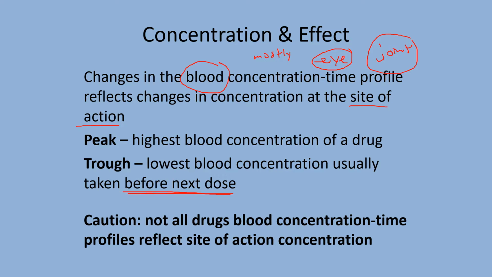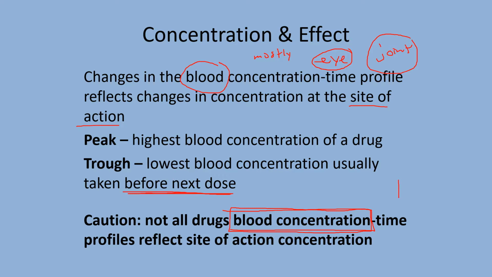Name me a drug that cannot be predicted based on the blood concentration. Name me one drug where you can have tons of it in your blood, but it's not affecting you. Alcohol? No, alcohol doesn't matter. It globally affects you. Alcohol affects your entire body, every receptor.